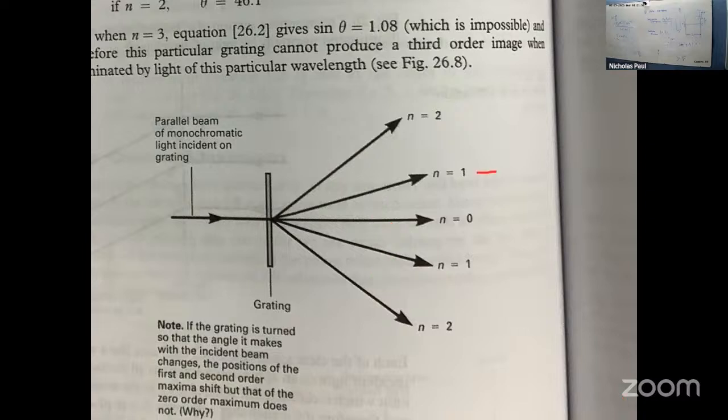When the order is 1, this is what we're referring to, and the angle for that is here. When they say order 2, that's from here to here. And that will be the angle, right? The angle is always from n0, or what we call the normal. n0 is the normal. Okay? Everybody okay with that? Online? Are you okay with that?